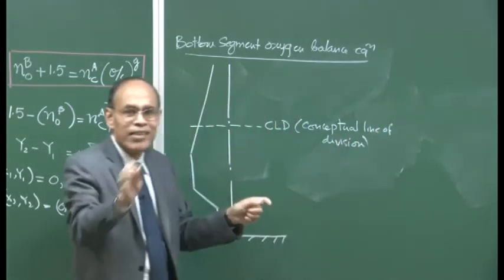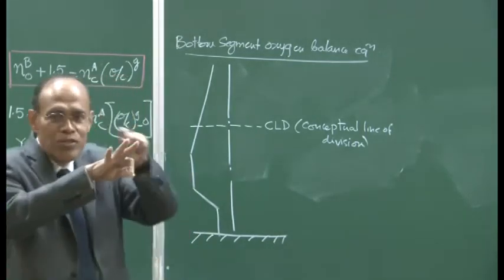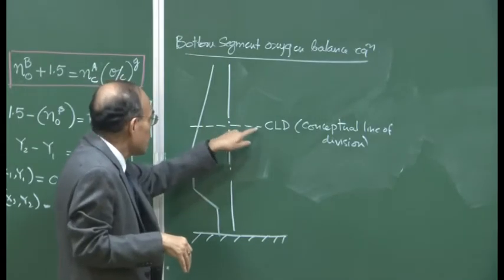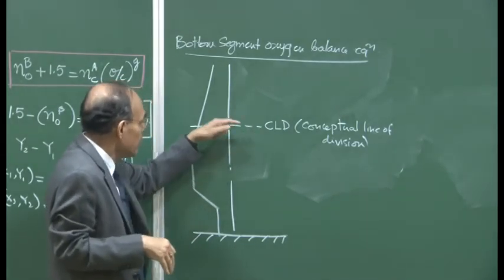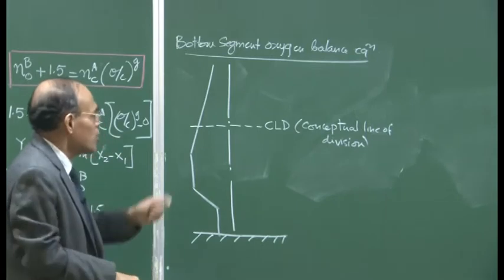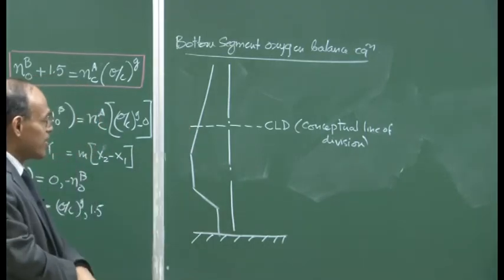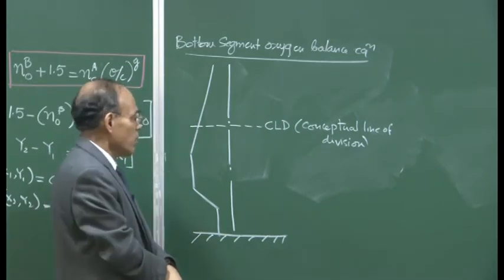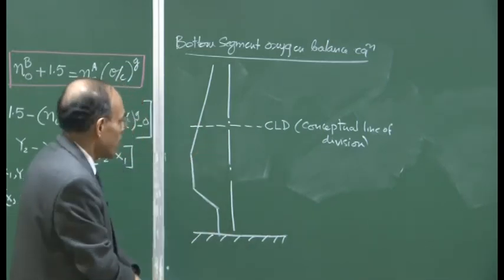Per se, there is nothing like a line of division because things are smudged. There is no line as sharp as I have tried to implicate through this hatched line I have drawn on the board. So it is for the sake of concept, and we will make some idealizations also, but it is a good representation of the upper part as well as the lower part of the blast furnace.